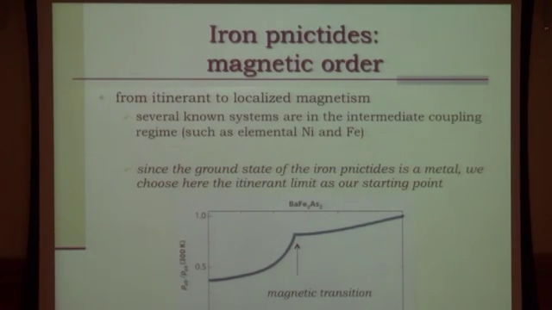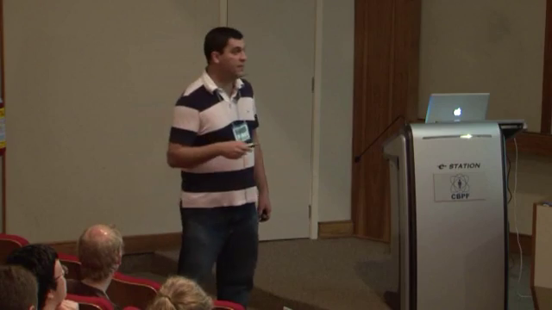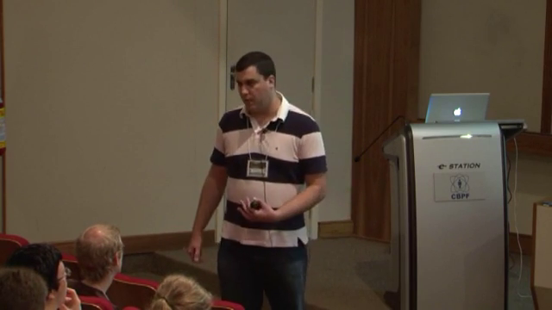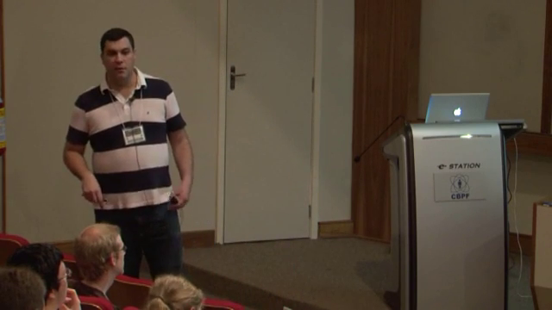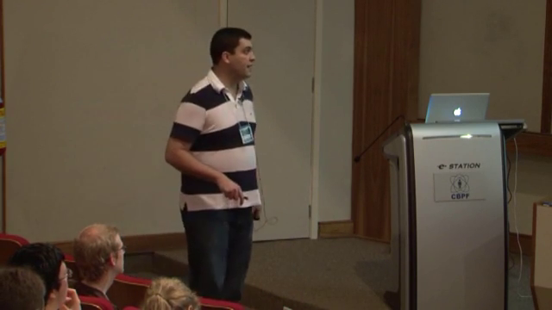They're not particularly good metals, which also suggests that Coulomb repulsion is important. But they're still metals. So there are two different points of view. You can start at strong coupling or weak coupling. I will show you the weak coupling perspective, where we start by considering the system as a metal and just see what the Coulomb repulsion causes.